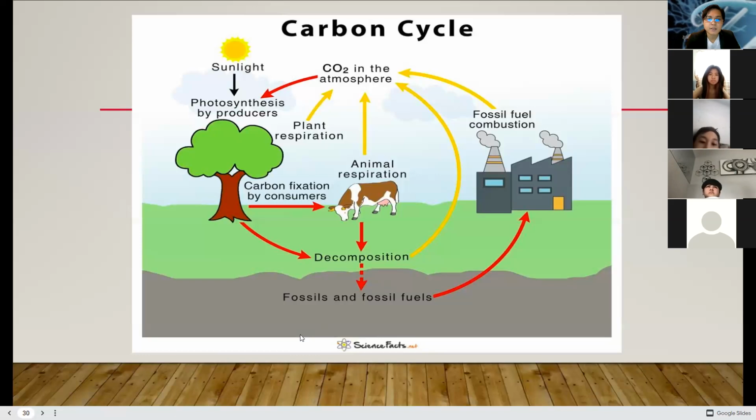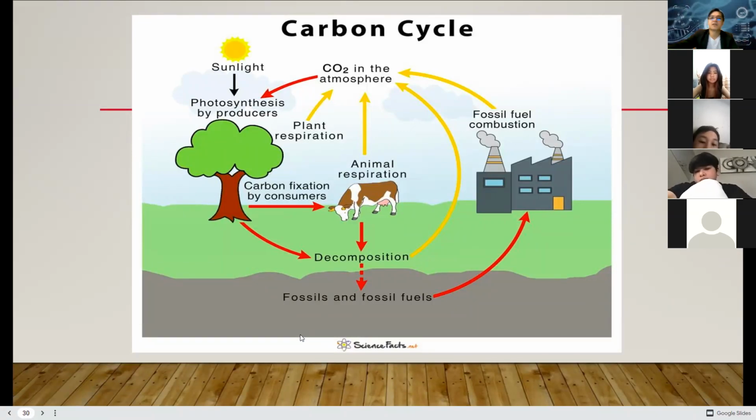When an animal or a plant dies, it returns to the soil, and over millions or thousands of years, it will be converted into fossil fuels. But again, these fossil fuels are non-renewable resources. We cannot renew fossil fuels, otherwise we would need millions of years to create them.